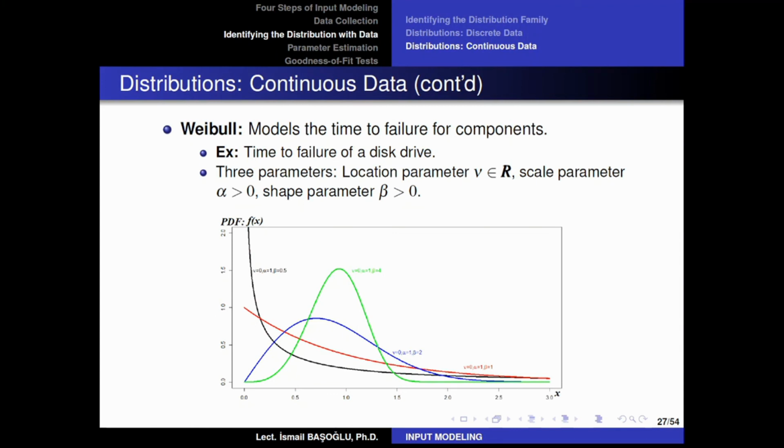However, there are some devices like light bulbs or electronic devices which have the memoryless property, and if the lifetime of a device has the memoryless property, then it should be modeled by the exponential random variable. Now, there are also some devices or machines which do not have the memoryless property. For example, an automobile. Just like the human body, if you continue to use an automobile, after some point it is going to break down.